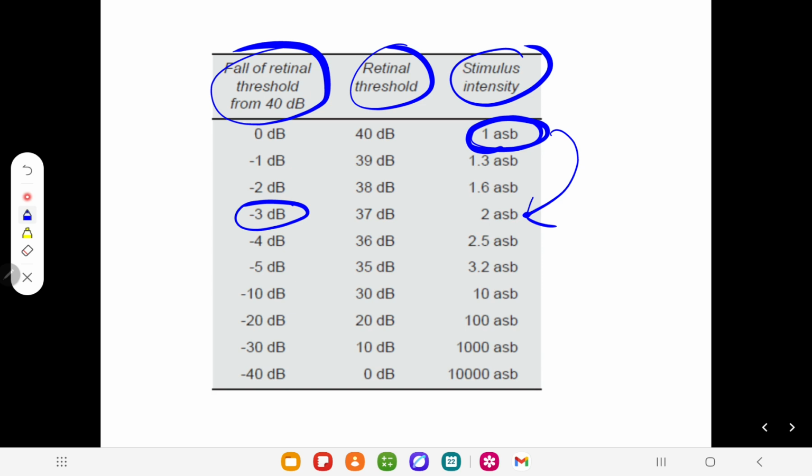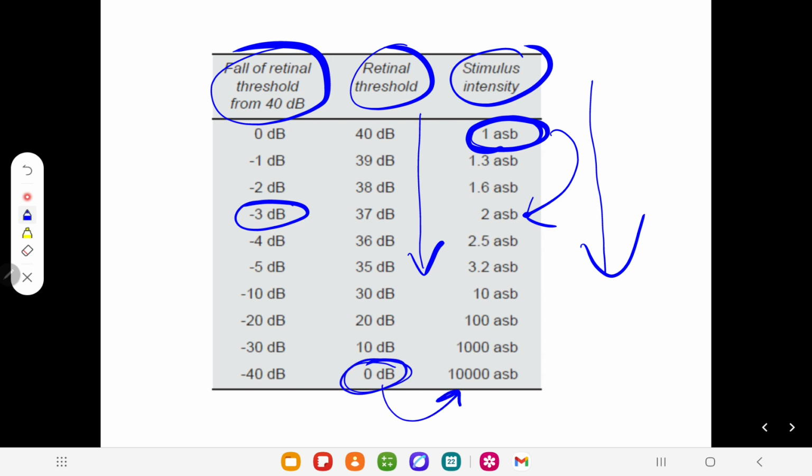So it's very important to know that as stimulus increases, retinal threshold decreases, and 0 means the maximum that the instrument can project, which is 10,000. And whenever you add decibel, it definitely reduces intensity. You keep on adding 10, 10, 10, you are dividing by 10, 10, 10, isn't it?